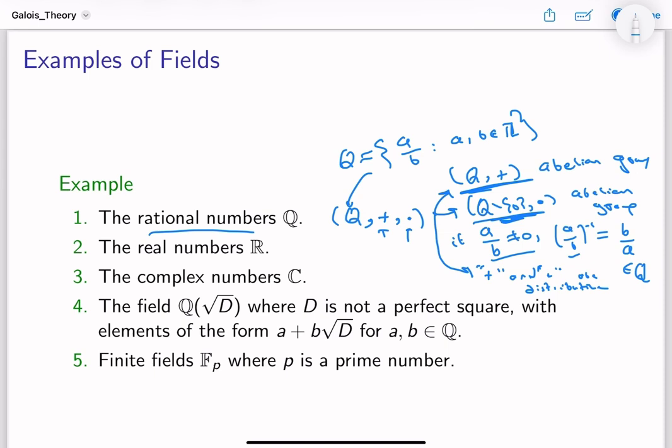And in a similar fashion, one can see that the real numbers with addition and the multiplication that we know is also a field. The complex numbers with addition and multiplication is also a field. So these are the easy examples, I would say.